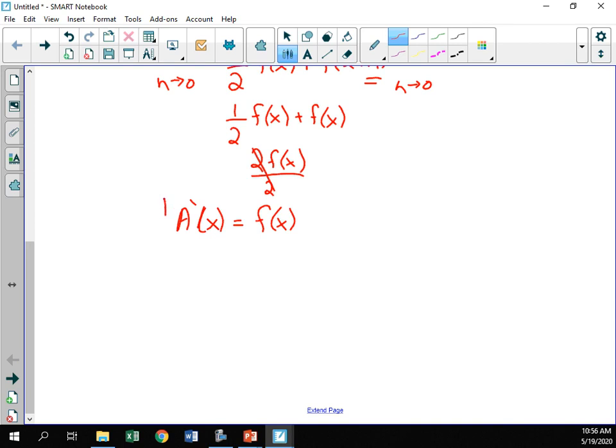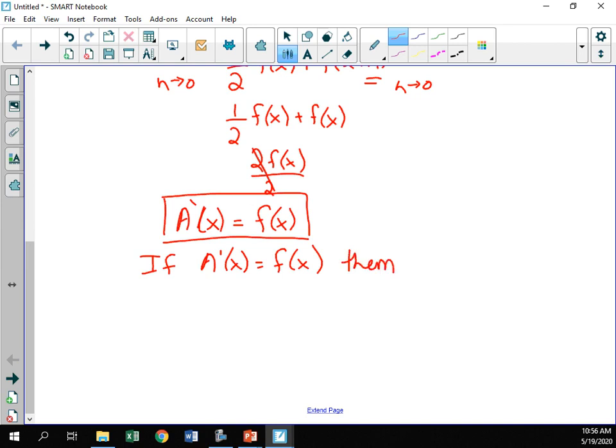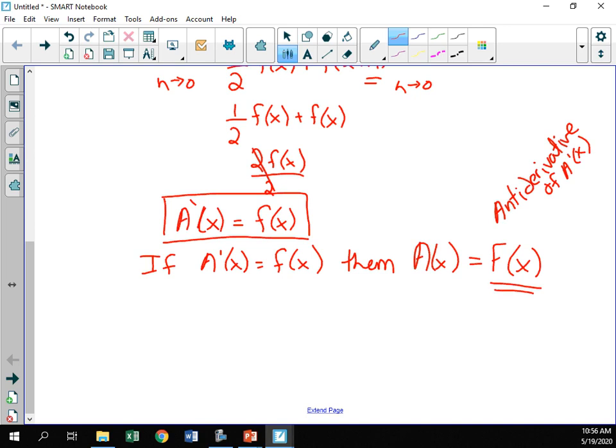Now, with this, if a prime of x is f of x, then what would just the area a of x be? It would be the antiderivative of a prime of x, which is f of x.